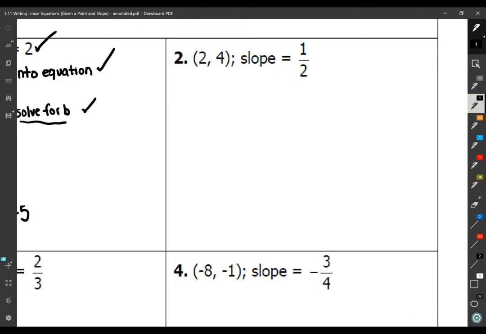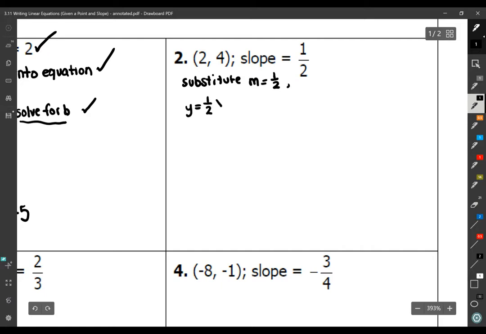Oops. Question 2. Okay? So substitute m as 1/2, okay? And this gives us y is equal to 1/2 times x plus b. Now we sub in the point.